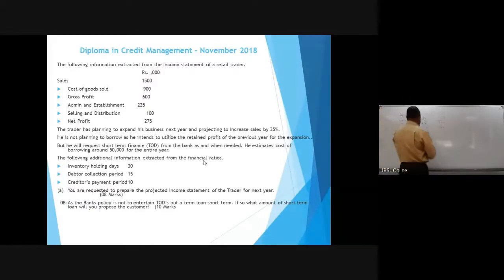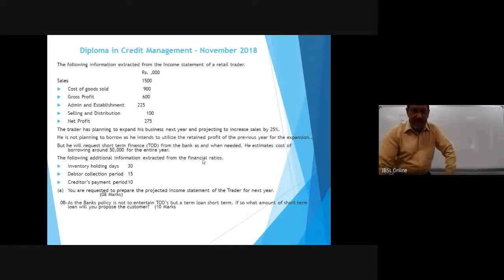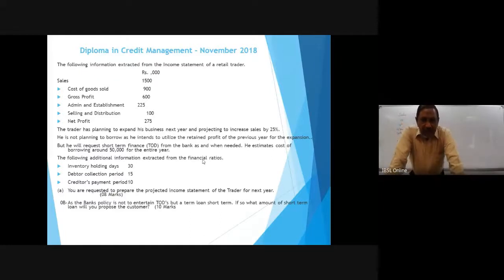Okay, we'll stop at this point and we'll go to the other one. So we have just distributed figures, how much sales and other things. Next year he increases the sales. He's not planning to borrow and intends to utilize the retained profit of the previous year for expansion. So he will not take money from the bank, and what he wants to do is use his own profits for expansion.